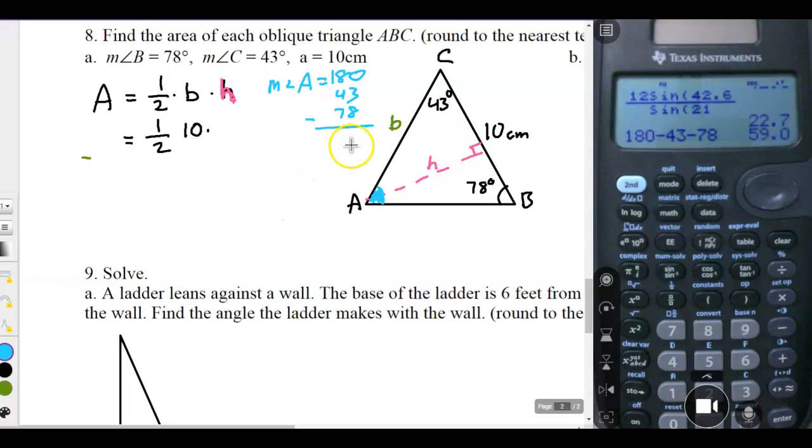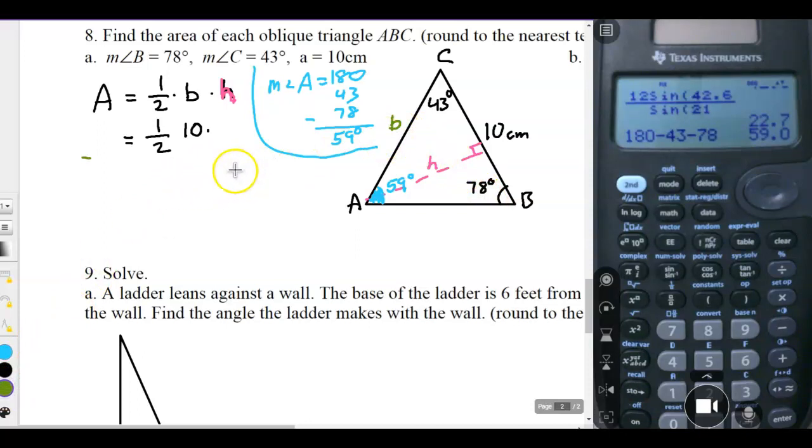So we got 59 degrees. So we need that first. That's 59 degrees exactly. All right, now I can do a law of sines, right? And with 78, that will give me what B equals.